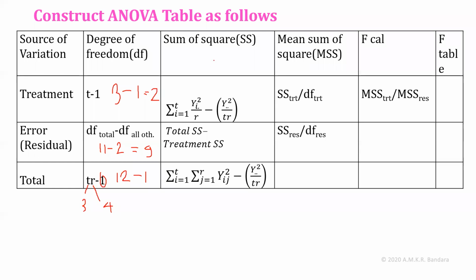Now, the third column in the ANOVA table represents the sums of square. I have given formulas to calculate each sums of square. We can calculate the total sums of square by squaring each observation, summing those squared observations, and deducting the correction factor.